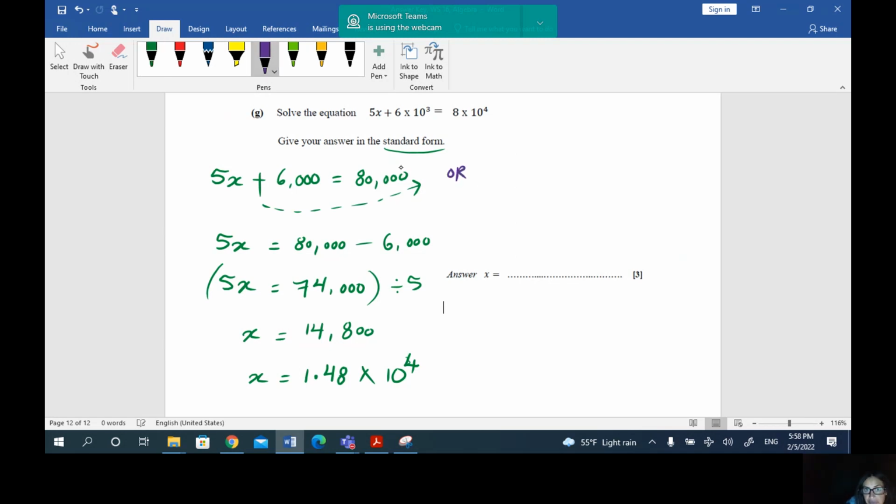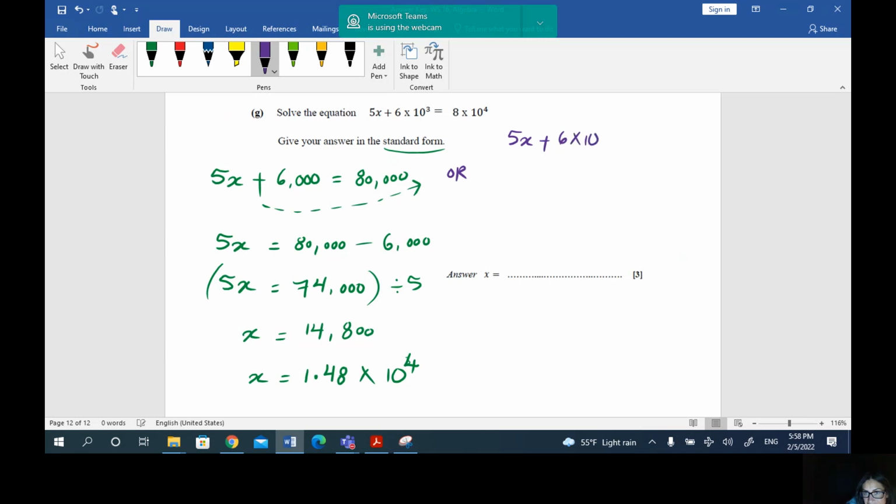Or you can think of it another way. You can say 5x plus 6 times 10 to the power of 3, right? So you can leave it as is because it has a lower power than 10 to the power of 4.